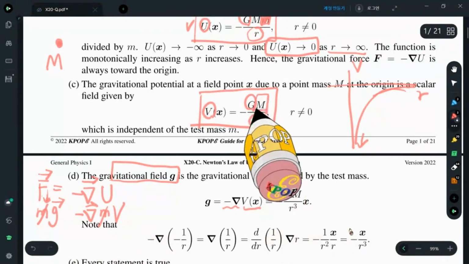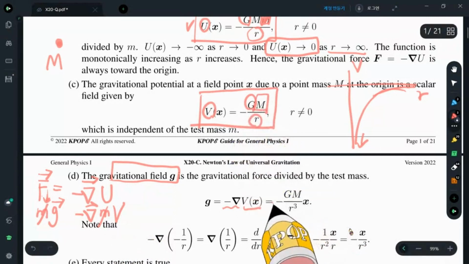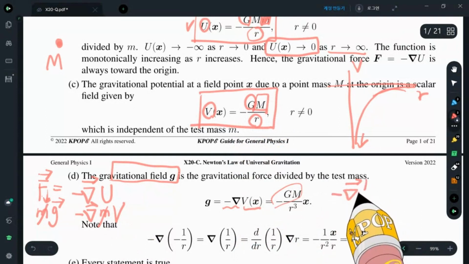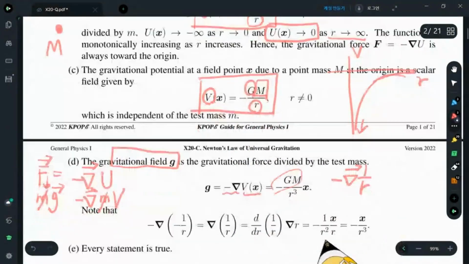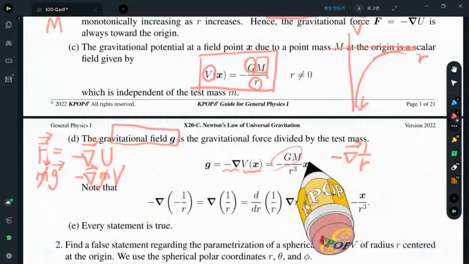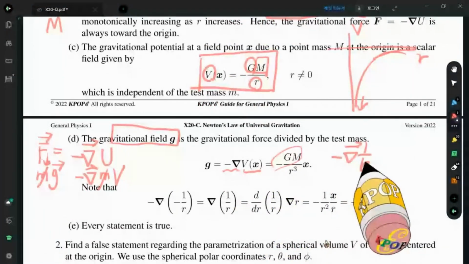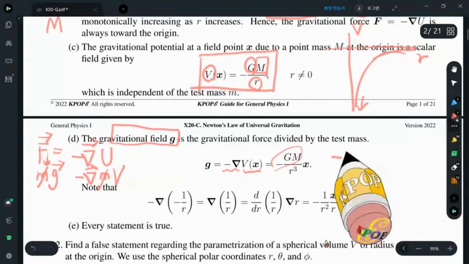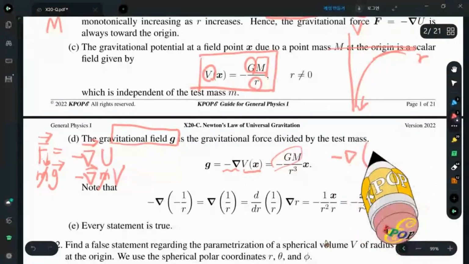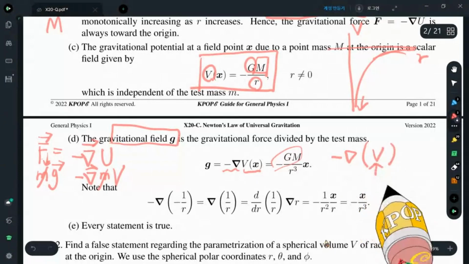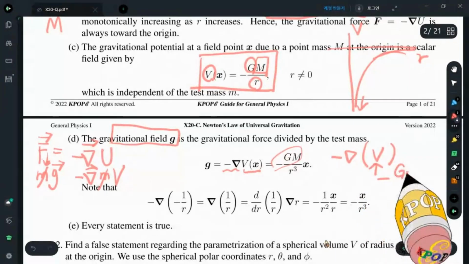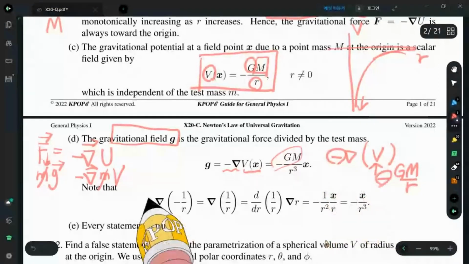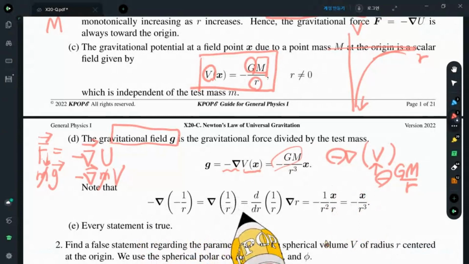Now the coefficient minus GM can be pulled out, and we consider the minus gradient of 1 over r. Minus gradient of potential, and potential is minus GM over r, so minus minus becomes plus 1 over r.